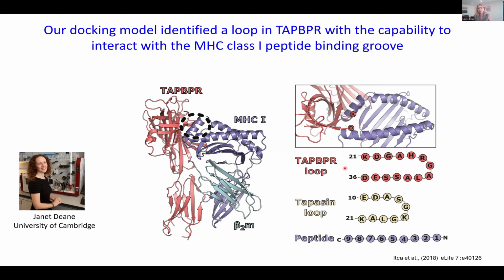And this loop was comprised of residues 22 to 35 approximately of TAPBPR, and we predicted it was located near the MHC class 1 F pocket. Through Janet's work, she also suggested that tapasin contained a similar loop sequence, but in this case, the loop was significantly shorter than the TAPBPR loop.